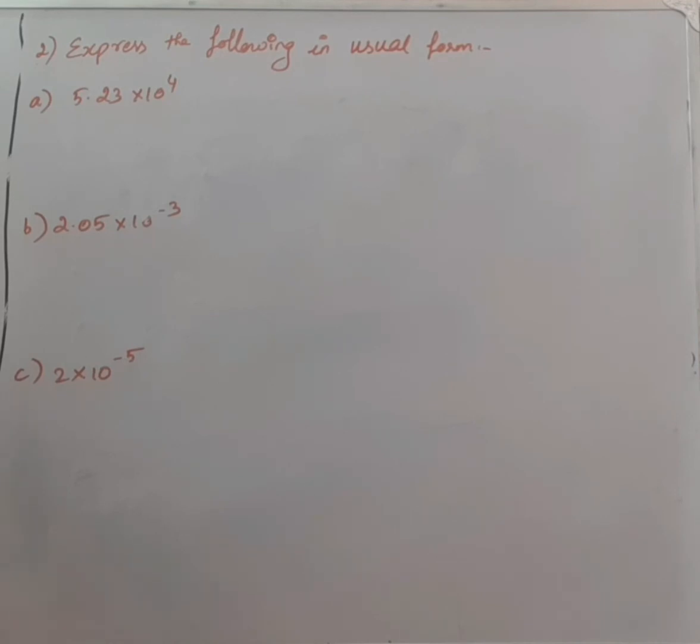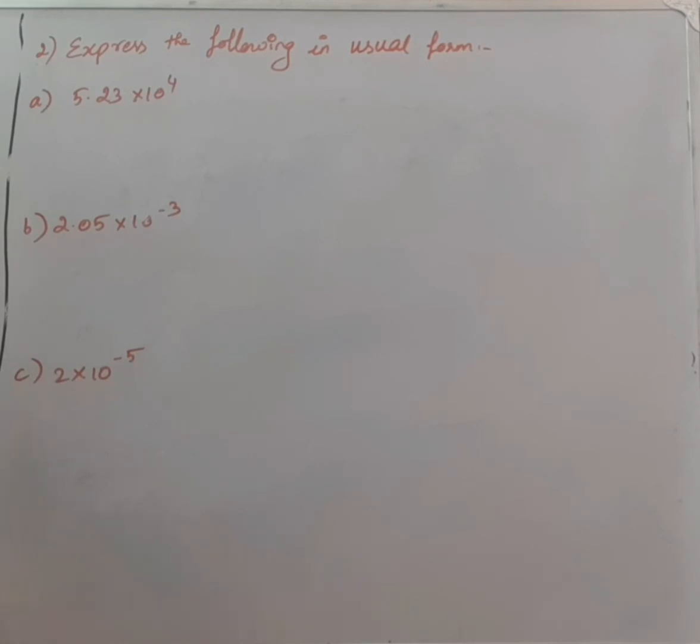The usual form is nothing but a number that has an integral part and also a decimal part, or otherwise contains only the integral part. Whatever it is, it is called a normal number. Whether it is a decimal number, a whole number or a natural number, whatever the number is, when we write it as a normal number it is called the usual form.